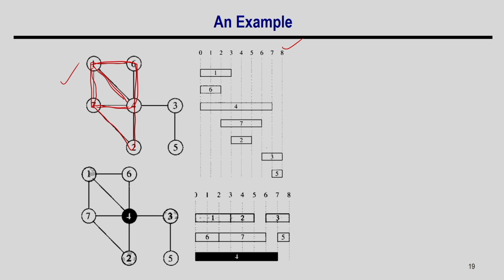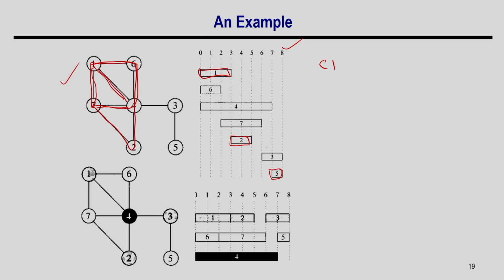What is the first step? You sort them, and it is already sorted based on the left edge, as you can see here. Then I am going to add colors. For color 1 I select 1; once I select 1 I cannot select 6 and 4, but I can select 2 and then select 3. This is the same algorithm that I covered in the previous example.